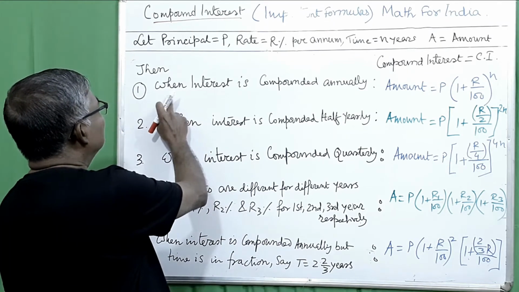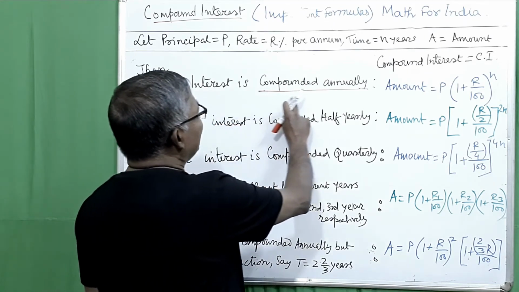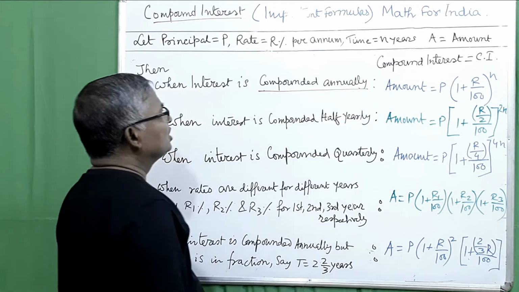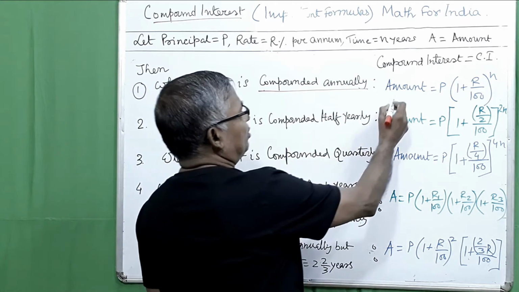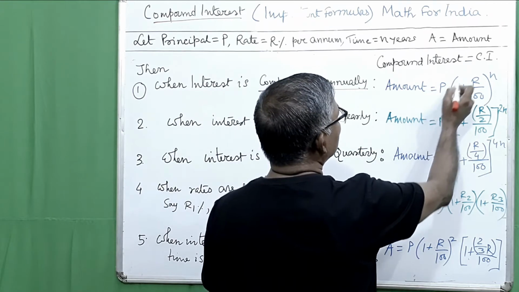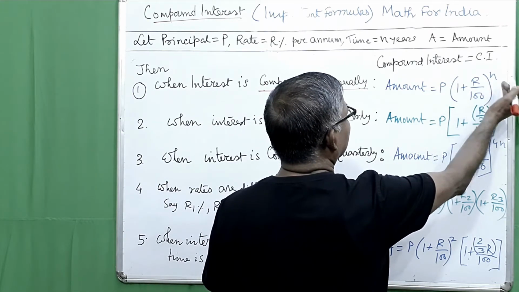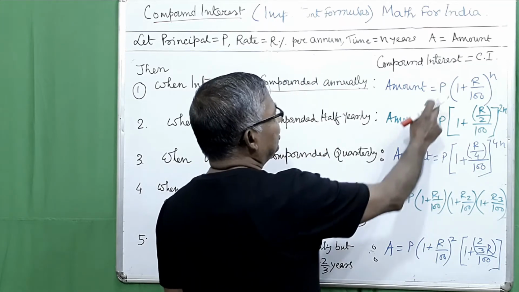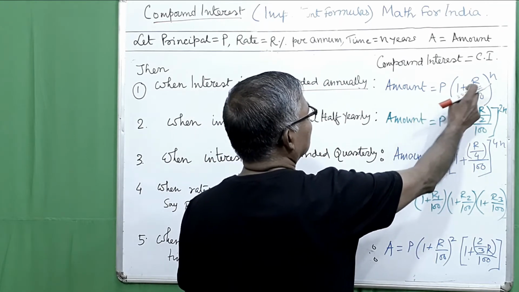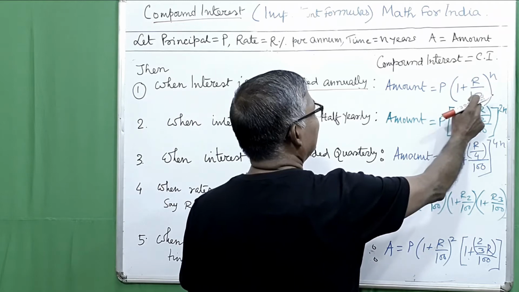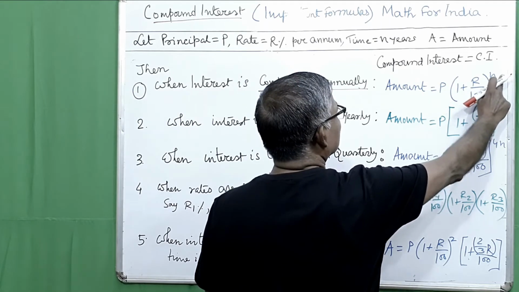Number 1, when interest is compounded annually, then amount equals P into (1 plus R by 100) whole to the power n. Here P is the principal, R is the rate of interest, and n means time.